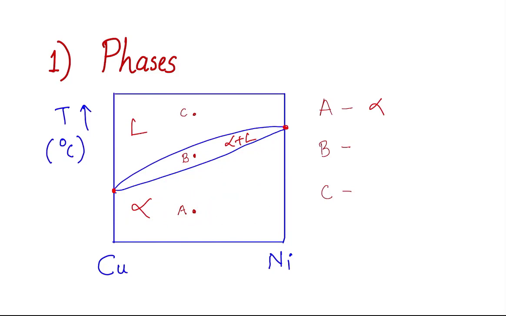Point B lies in between the solidus and liquidus line, so here we have two phases, alpha and liquid. At point C, there is only a liquid phase. So this is how we find out the phases.